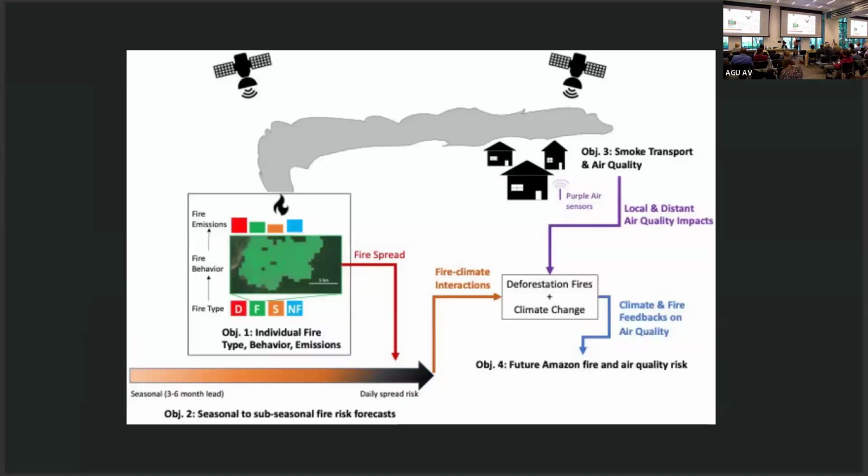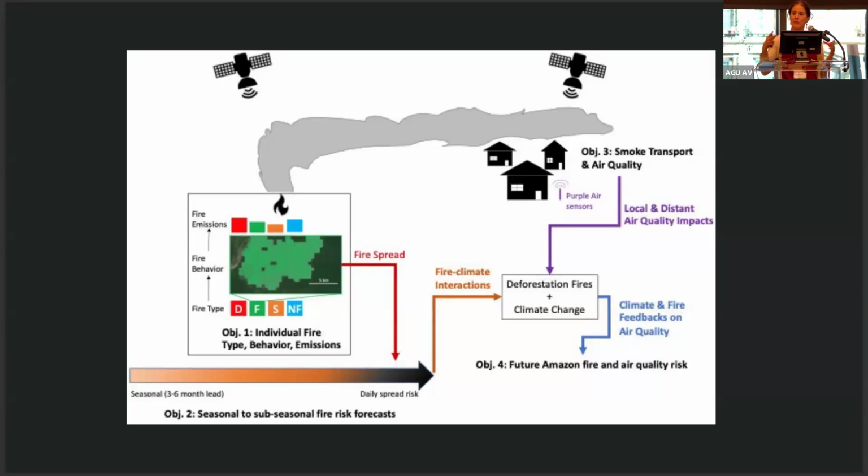I don't have results yet because we're just getting started, but just to give you a sense of the sorts of data integration that we're doing, we have a lot of capacity that has been developed over decades in each of these research groups and in collaboration, getting quite skilled at mapping individual fires.